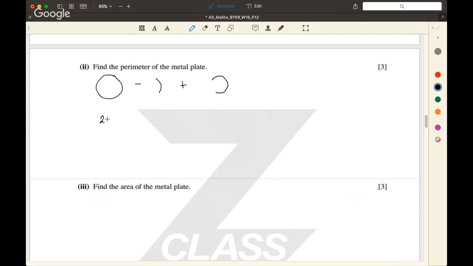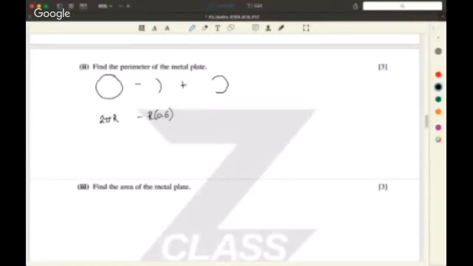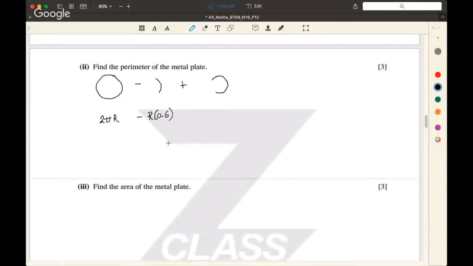So this one is 2 pi big R, the circumference of the big circle, minus, and this is an arc length, the arc length subtended by an angle of 0.6 radians. We're allowed to use the formula in the formula booklet. Remember, this only works in radians, and it's the radius times the angle in radians that the arc is subtended by.